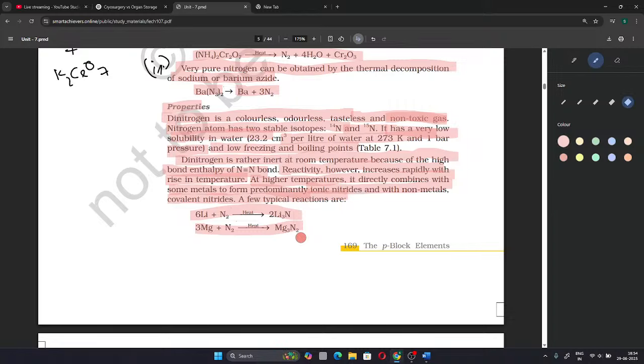The nitrogen atom has two stable isotopes, and they said that dinitrogen is very less soluble in water, and it has low freezing and boiling points. Dinitrogen is rather inert at room temperature because of its N triple bond N. Reactivity, however, increases rapidly with rise in temperature. At high temperature, it directly combines with some metals to form. Okay.